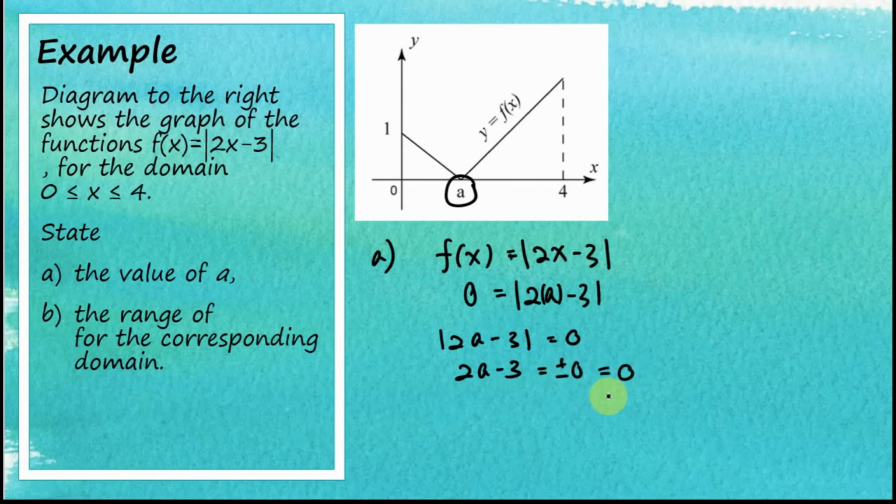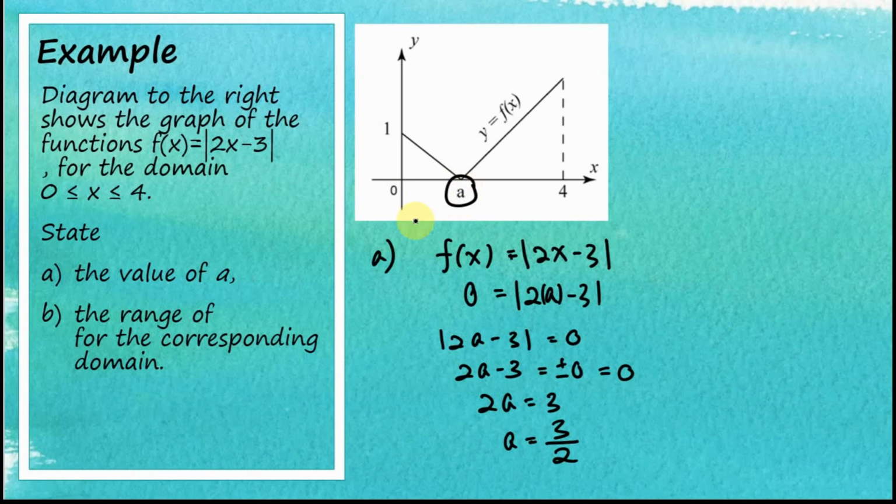So 2a minus 3 equal to 0, and therefore 2a is equal to, now we shift this negative 3 to the right hand side, becoming positive 3, and therefore a equal to 3 divided by 2. So this is how we find the value of a. So a equal to 3 over 2 when f(x) equal to 0.